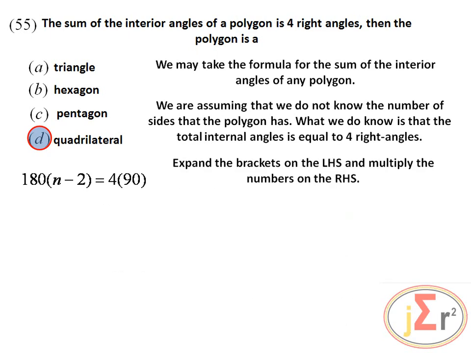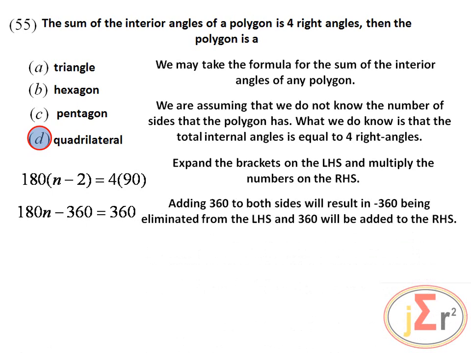Expand the brackets on the left hand side and multiply the numbers on the right hand side. So we have 180 times n, 180n, and 180 multiplied by -2, -360. 180n minus 360 is equal to 360, because 4 multiplied by 90, 4 right angles, is 360 degrees.